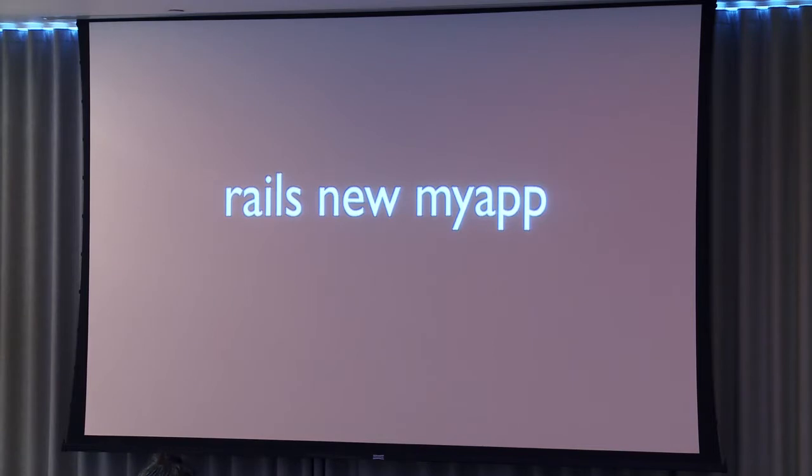If you create a new app with Rails, typing this into your terminal, you get an entire Rails app scaffolded out for you. You can just start filling in code. But all the libraries are set up for you. The Rails asset pipeline for compiling your JavaScript and CSS is just set up for you. You don't need to think about anything. And I think that's very powerful.